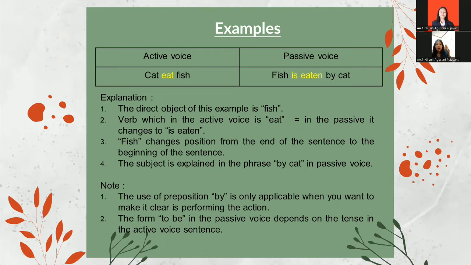Whereas in the passive voice, fish will be the subject of the action performed by cat. And remember, the use of the preposition 'by' is only applicable when you want to make it clear who is performing the action. The form of to be in the passive voice depends on the tense in the active voice sentence.